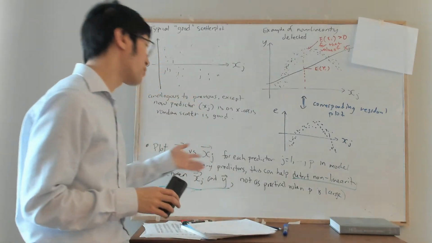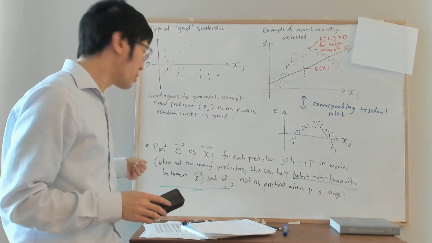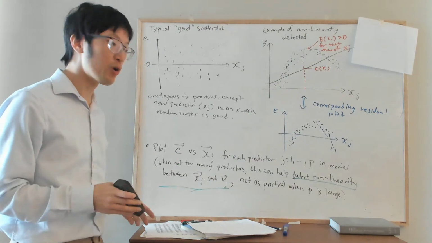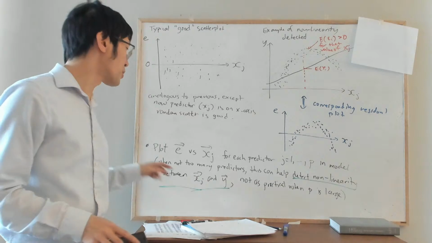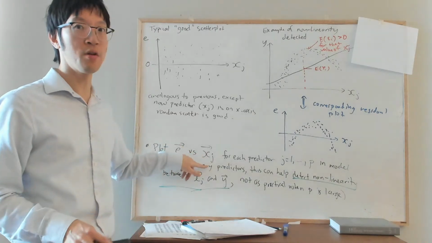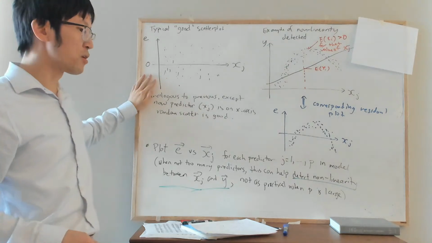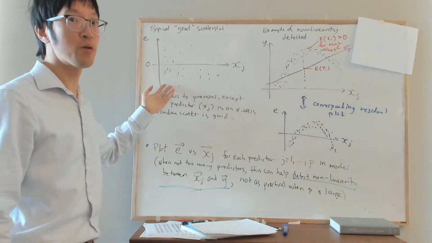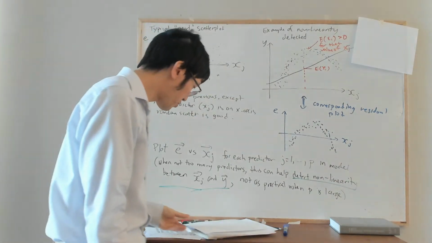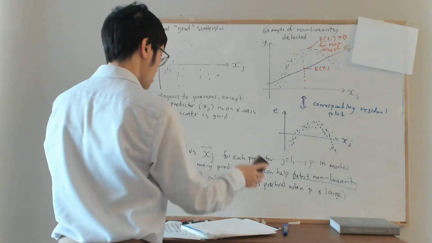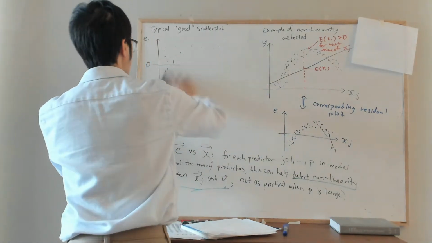Again, if you have a lot of predictors, this might not be too practical to check, but if you're dealing with smaller regressions, this can be a useful tool as well. To plot the residuals against the individual predictors, the ideal case is a random scatter that looks like this. That's our second type of residual plot.